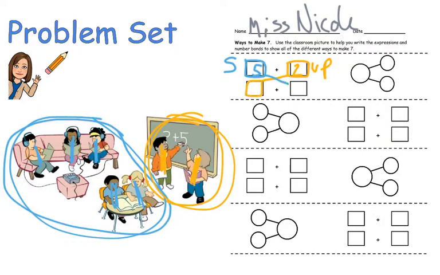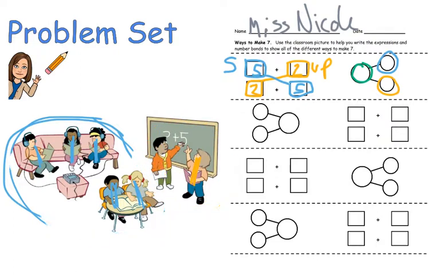We're writing the reversal. So now we have 2 standing up and 5 sitting down. Now we need to fill in our number bond. Go ahead and fill in your number bond. Okay.